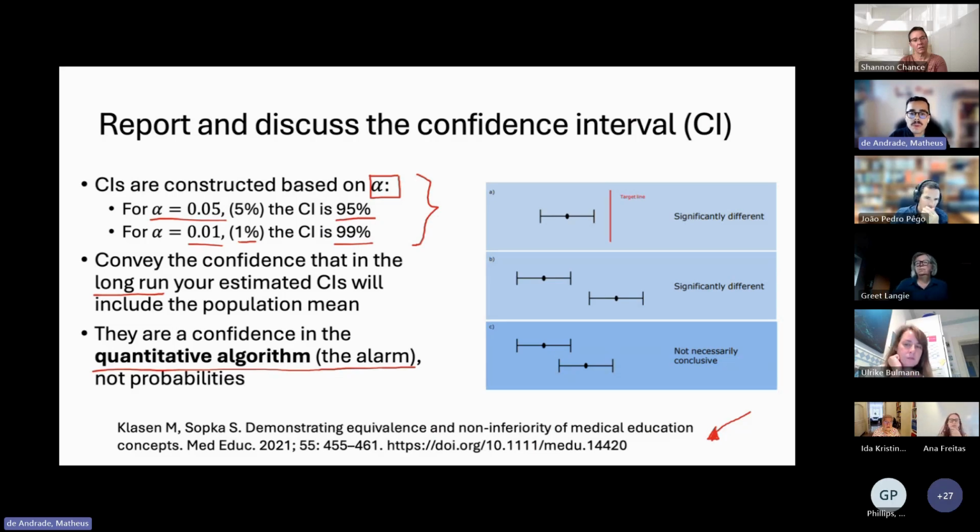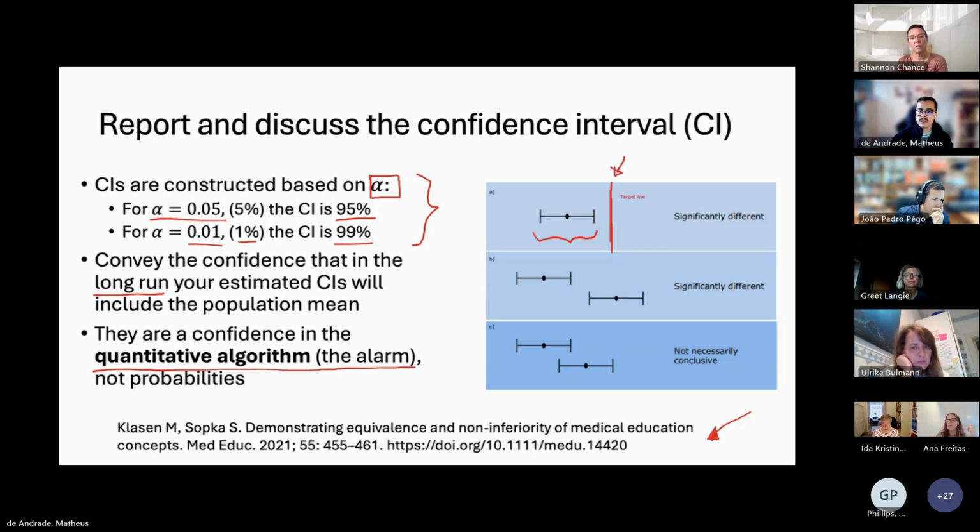Pretty much, if you want to test whether an intervention gives you a target improvement like this one here in red, you can simply plot the confidence interval and see, does it cross the target line? If it doesn't cross, it's significantly different.